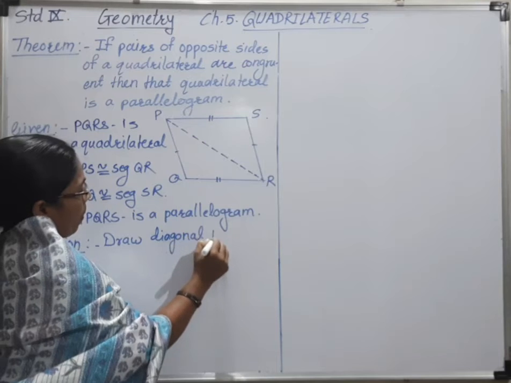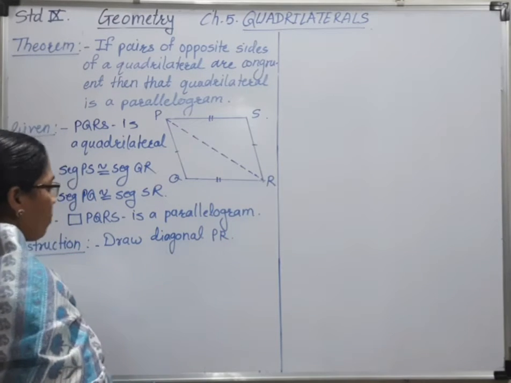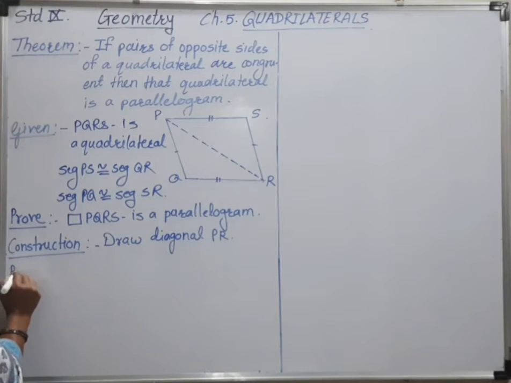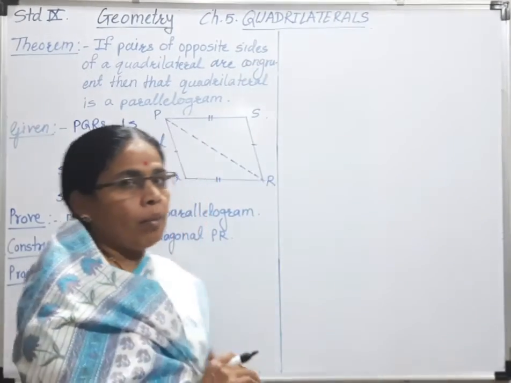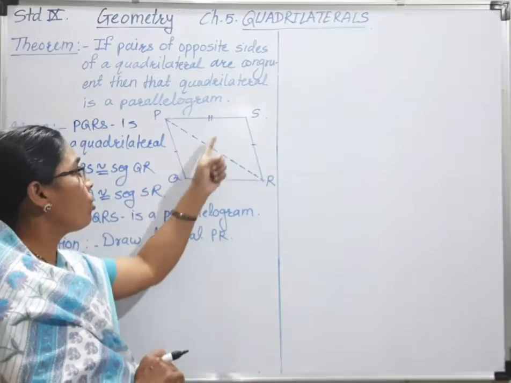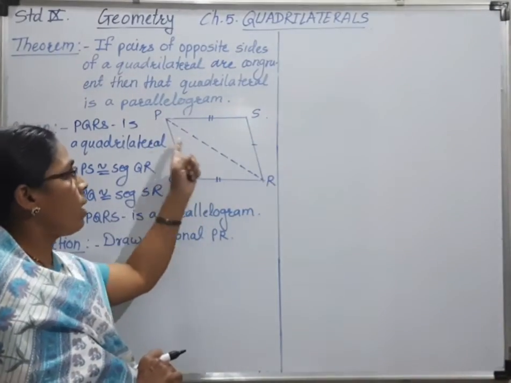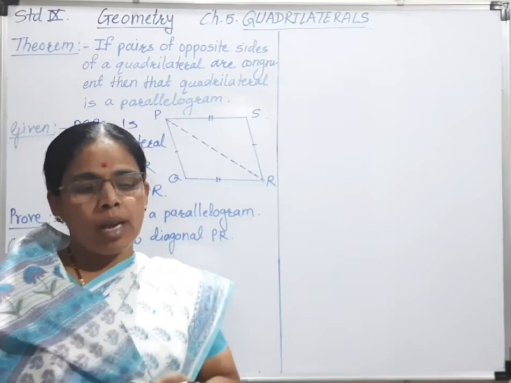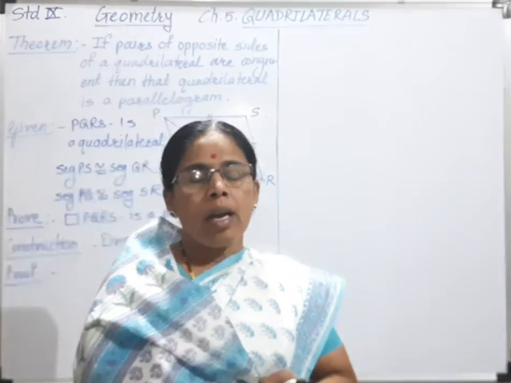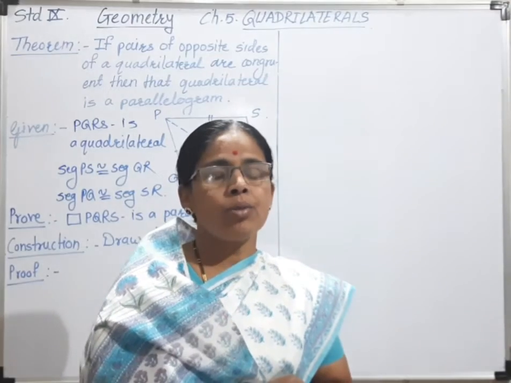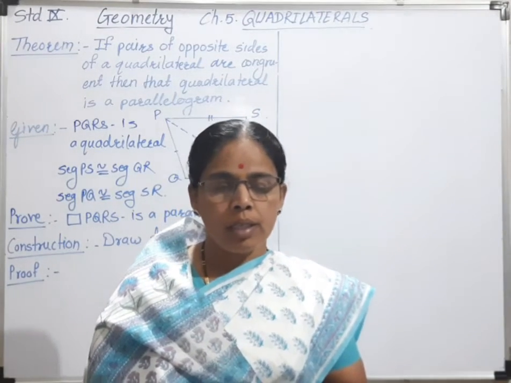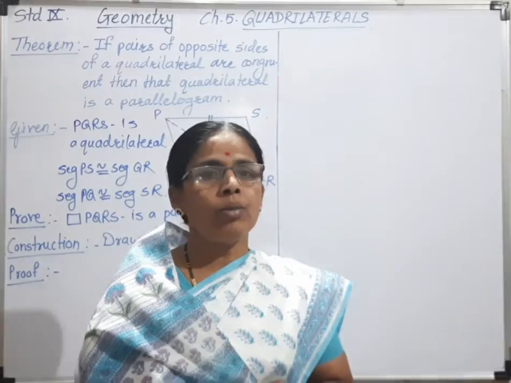Now we have to prove this. Because of this diagonal we are getting two triangles, PQR and PSR. Like these two triangles we are getting, and we first have to show that these two triangles are congruent to each other.